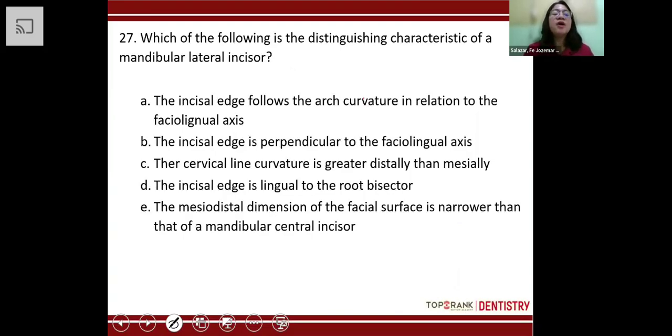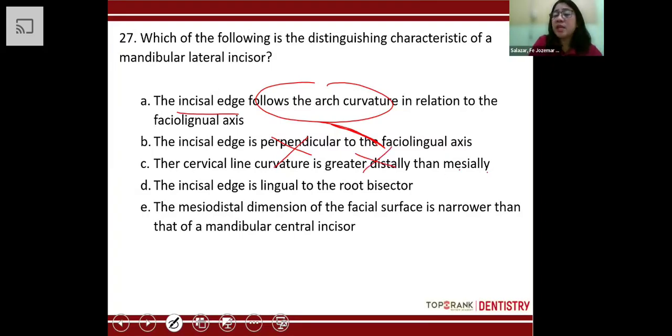Number 27. Which of the following is a distinguishing characteristic of a mandibular lateral incisor? Let's take a look. Incisal edge follows the arch curvature in relation to the faciolingual axis. Follows arch curvature. Incisal edge is perpendicular, meaning 90 degrees, no. It is sloping down. It is not straight. Their cervical line curvature is greater distally than mesially, no. Mesial is greater than distal.